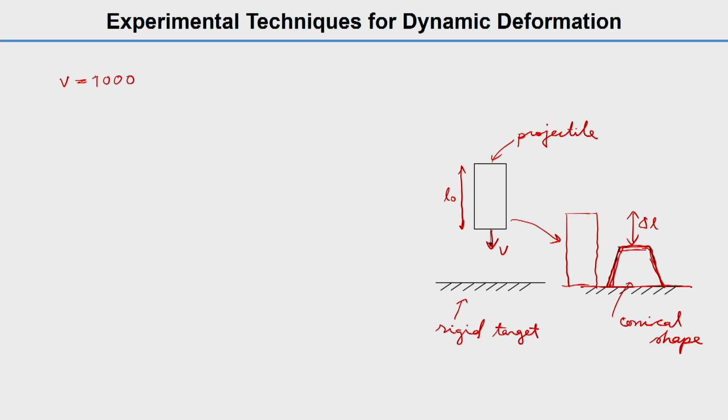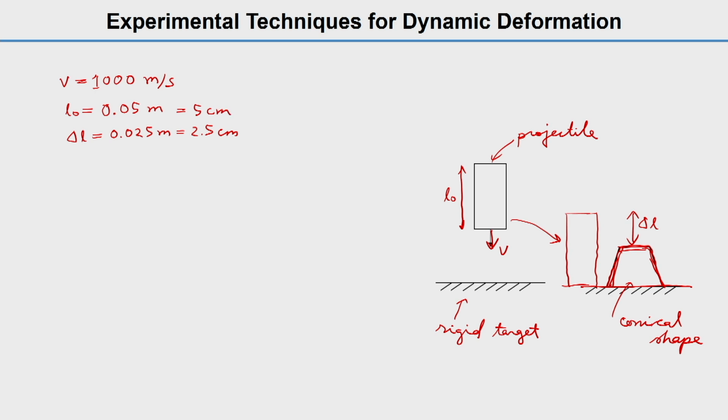Let us say the projectile is moving at 1000 meter per second, and L naught, the initial length of the projectile, let us assume is 5 centimeter, or 0.05 meter. Then delta L, let us assume, is half of it, 0.025 meter, or 2.5 centimeter.